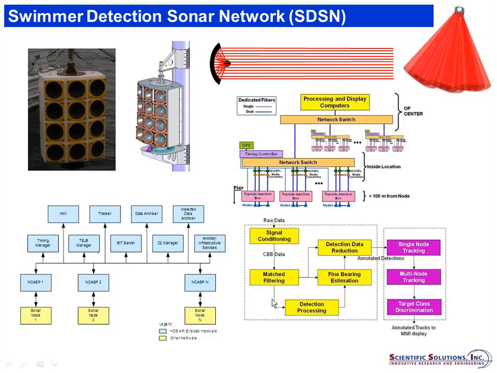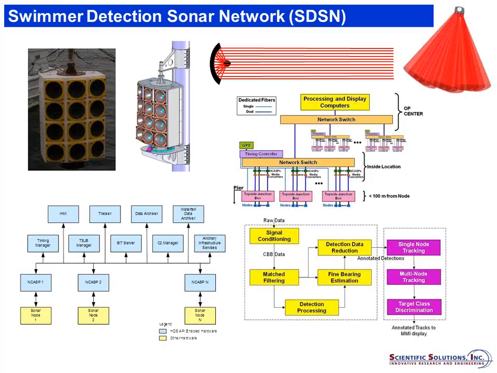Thanks, Anna. Okay, as I said, the beauty of what we're doing in this swimmer detection sonar network is we're taking a fairly advanced system that has a tremendous amount of development dollars, truthfully, and software and hardware behind it, and porting it over to the AIM application, the monitoring application for the hydrokinetic. The SDSN system is a fixed beam sonar system.